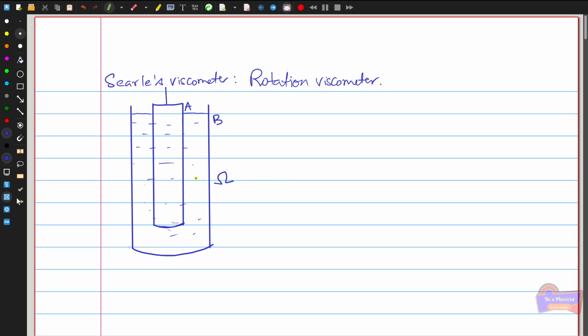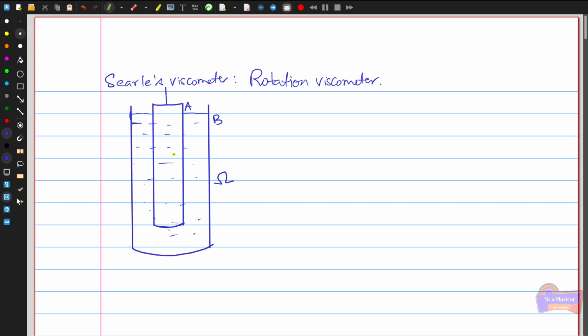Once this outer cylinder is rotated, the fluid which is filled in this gap also tries to rotate. The fluid in contact with the outer cylinder rotates with the same angular velocity omega. As you move away from the outer cylinder towards the inner cylinder, the angular velocity slowly decreases.